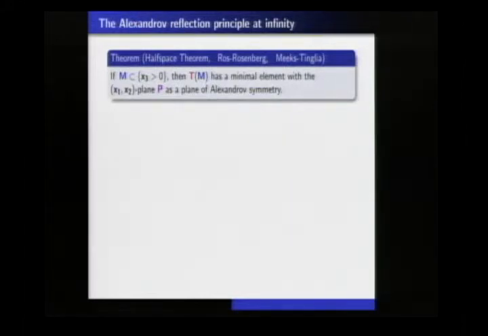Not only just a limit, a minimal limit, a minimal example in here that has the x1, x2 plane as a plane of Alexandrov symmetry. So I can translate, and somehow I produce a limit surface that has a plane of Alexandrov symmetry.